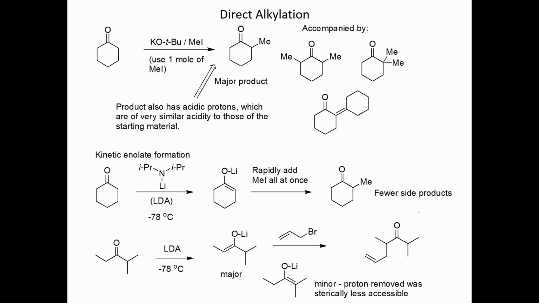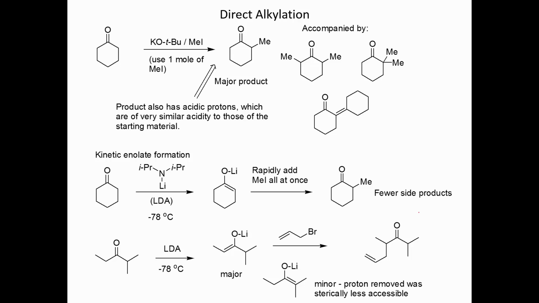It works best with primary, it works best with iodides, and benzylics and allylics tend to be a little bit better than the compounds that don't have the double bonds. Generally you can't do this using halides at sp2 carbon. Okay, so let's look first at the simple direct alkylation of a ketone.